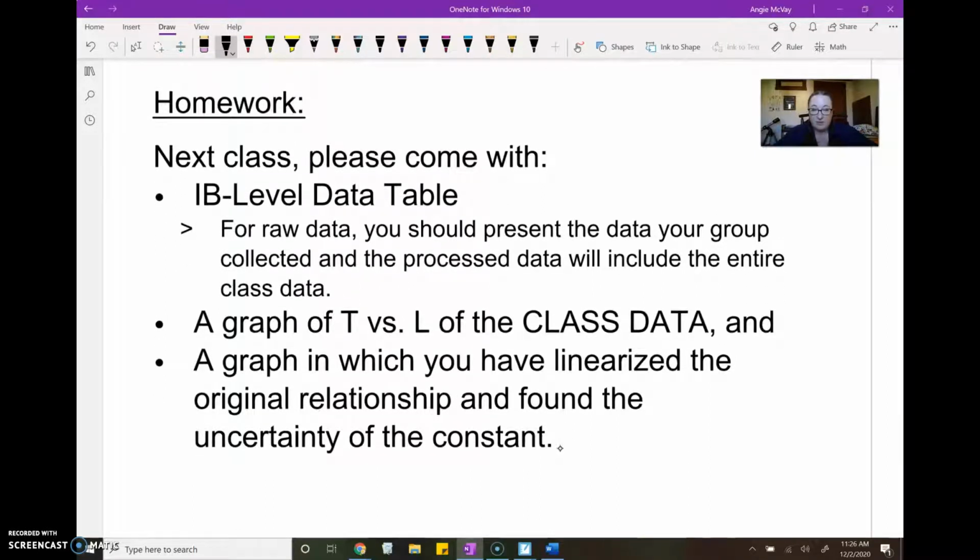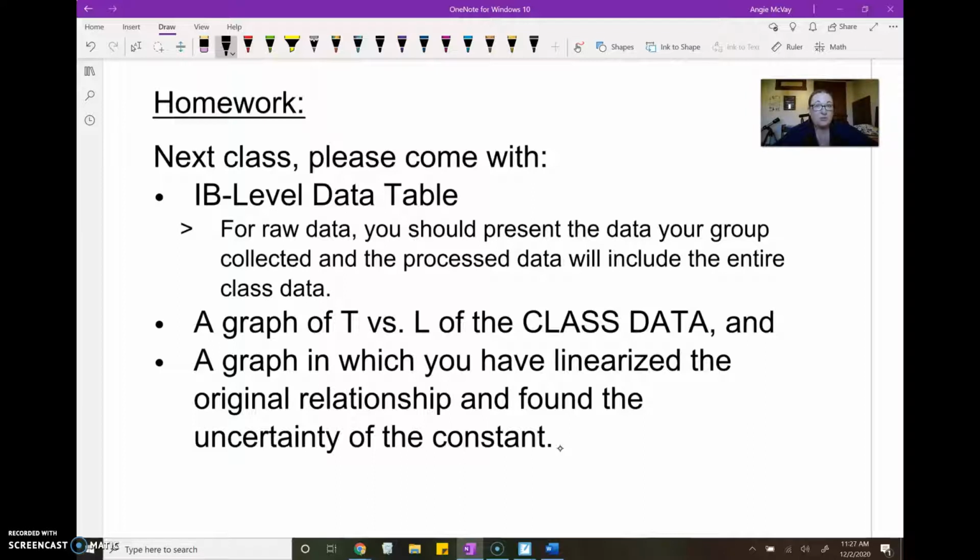Next class, before I show you the setup of the lab and give you some helpful hints, I want you to know what your assignment is for next class. I would like you to have an IB level data table. For raw data, you should present your group's data collected, and processed data will include the entire class data. Again, you'll need at least 3 trials for each of your 10 lengths.